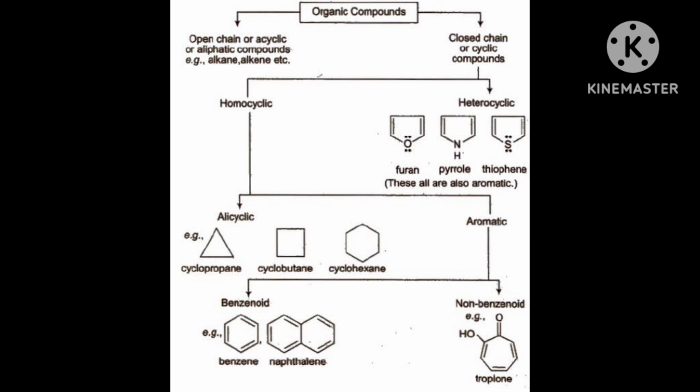Now this is cyclohexane. Here 6 carbons are attached and each carbon has 2 hydrogens. In benzene only one hydrogen was there, C6H6, but here C6H12, because everywhere a single bond is there.